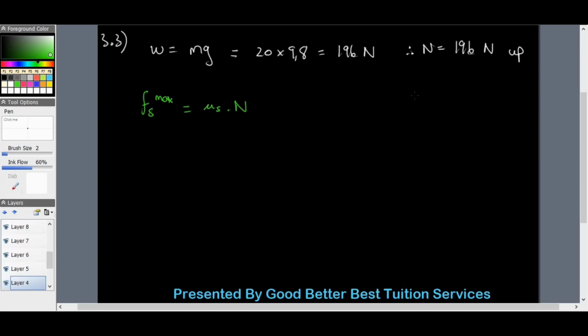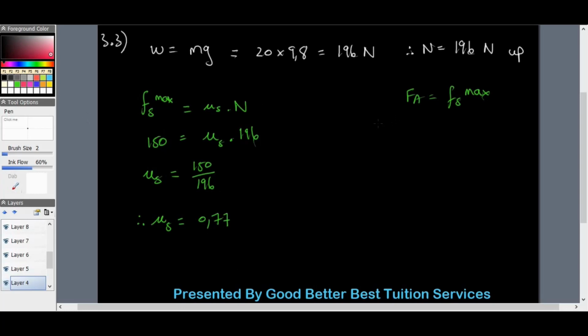So we assume that the force applied would be equal to the static frictional force. So we have 150 is equal to the unknown coefficient times the normal force of 196. To rearrange, we divide both sides by 196, so 150 divided by 196, and therefore the coefficient of static friction is equal to 0.77.